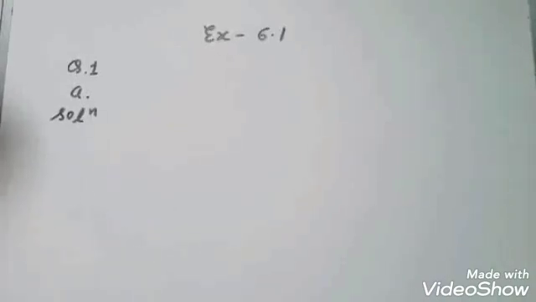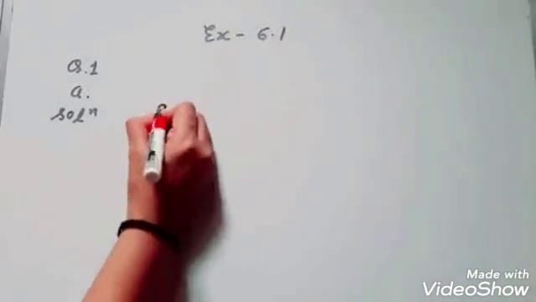Now let's start exercise 6.1. In this question, we have to find out simple interest. We have principal, we have time, we have rate of interest. We will use the formula, we will put the values, and we will calculate our answer.